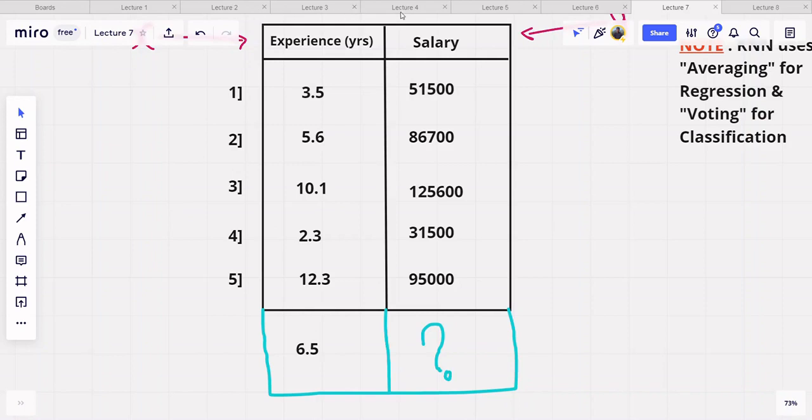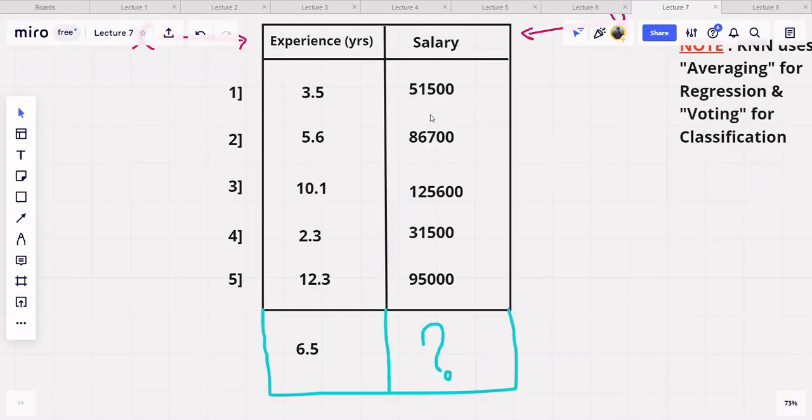But in KNN we don't take that kind of approach. In KNN the approach is very simple. So let me tell you how we'll do this in KNN.